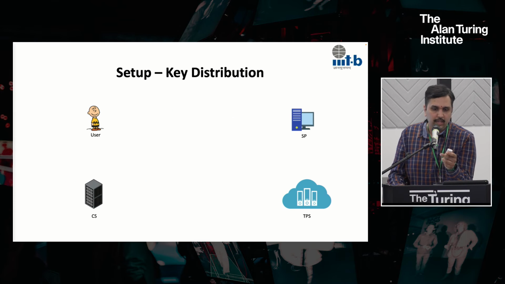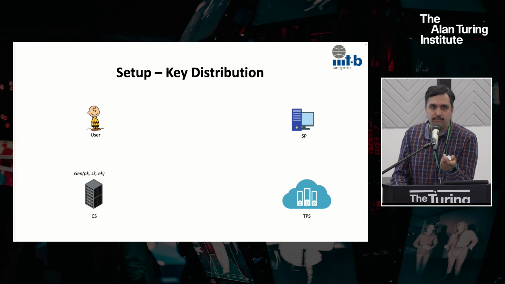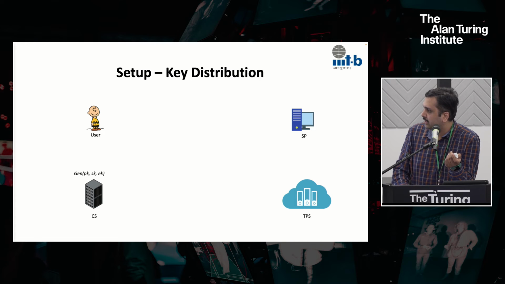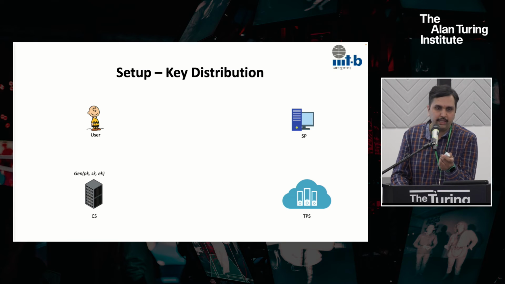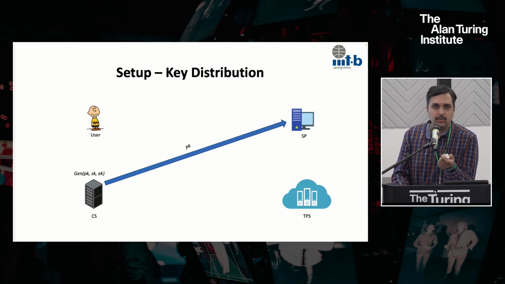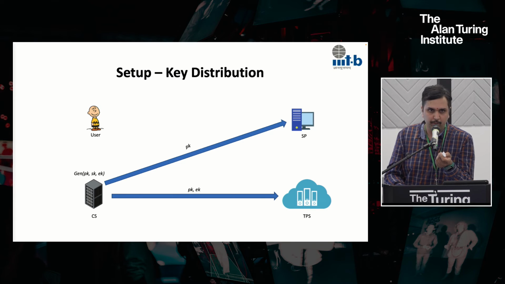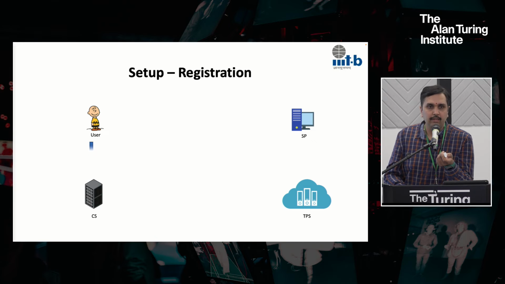Okay, so here is the quick setup. The trusted server generates its public key, secret key, and an evaluation key, which is used to do operations on the ciphertext without decrypting it. The public keys are distributed. Then the user enrolls into the system, giving all the data in plaintext.